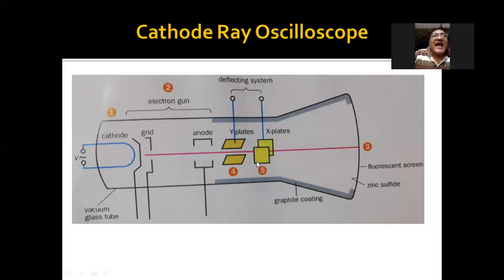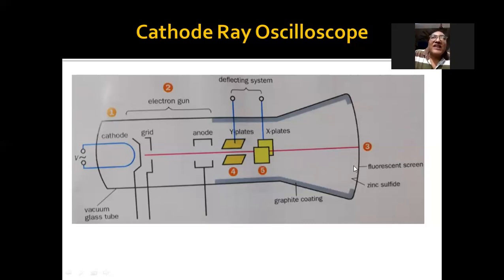Then we have X plates. One X plate is on that side and one X plate is on this side. The X plates are also provided with voltage. For example, say that plate becomes positive and this plate becomes negative.